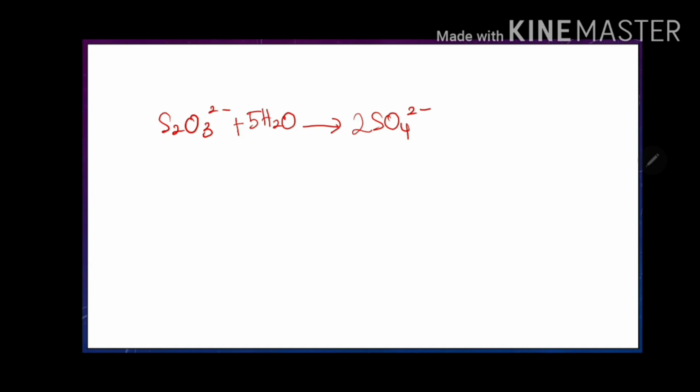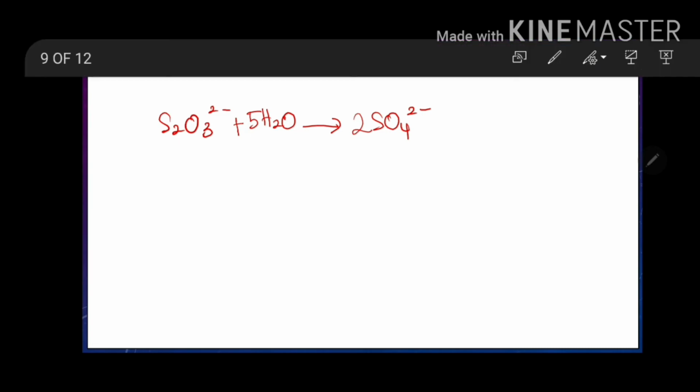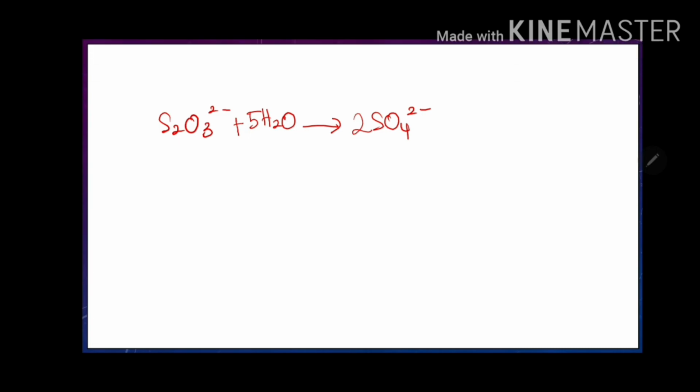So already 8. Next is balance hydrogen. Hydrogen on the left side is 10. On the right side, there is no hydrogen. So to balance hydrogen, you must add H+. There is 10 H on the left side, so you must add 10 H+ here. So now H is already balanced, 10 and 10.